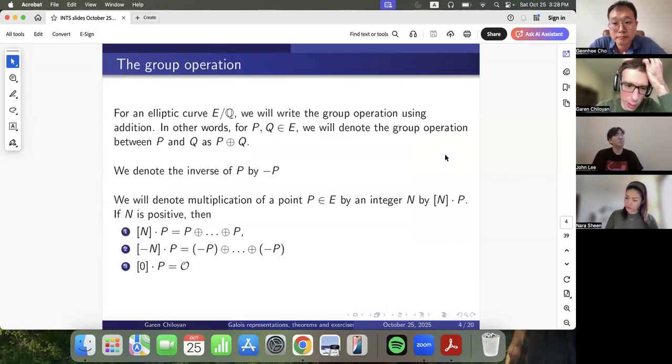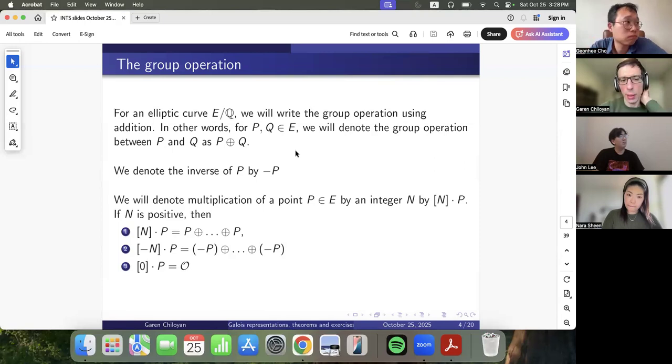Okay, so just to give you notation, for an elliptic curve E, I'm going to designate the group operation on points P, Q on E as just P plus Q, with this O plus LaTeX notation. And the inverse I'll write with the typical negative. Because it's an abelian group operation, we use addition.